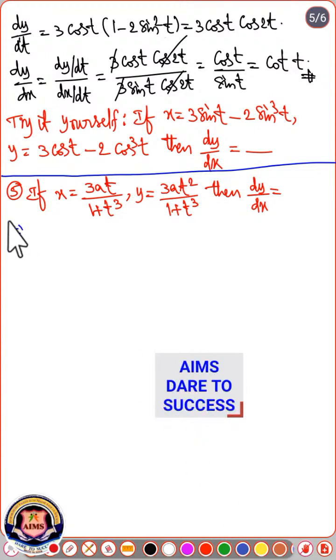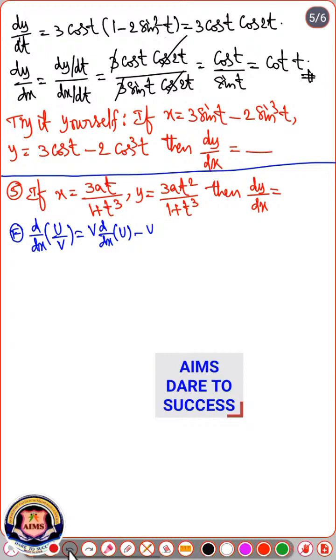Now we can write the formulas. First, d by dx of u by v is equal to v into d by dx of u minus u into d by dx of v, whole divided by v square.